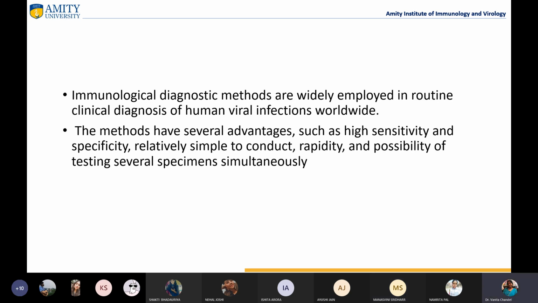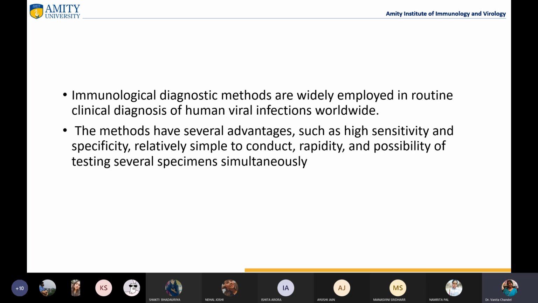See, sensitivity is basically used in a diagnostic system, for example when we use ELISA or PCR. We say ELISA is very sensitive, but it is not as specific as PCR, right? We say specificity of PCR is more as compared to ELISA, whereas sensitivity of ELISA is more.